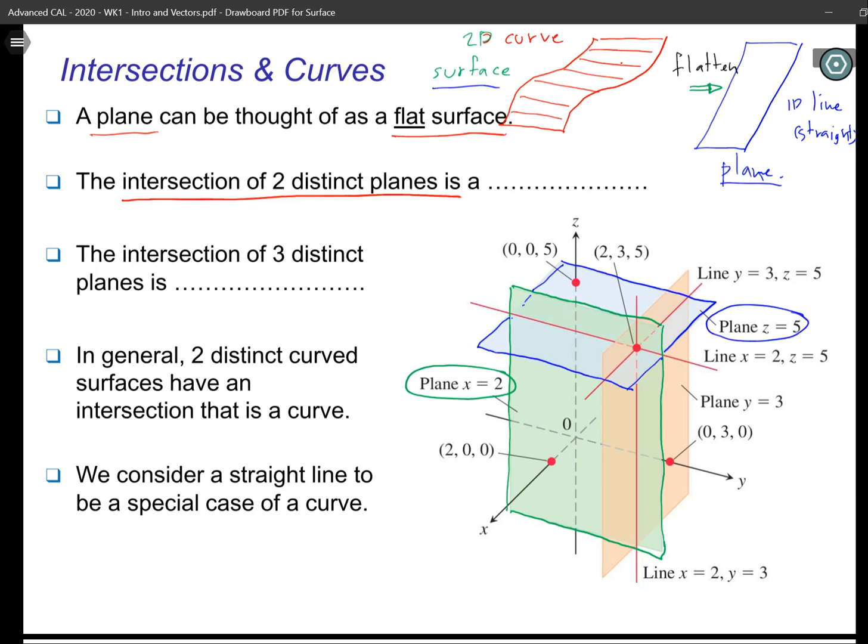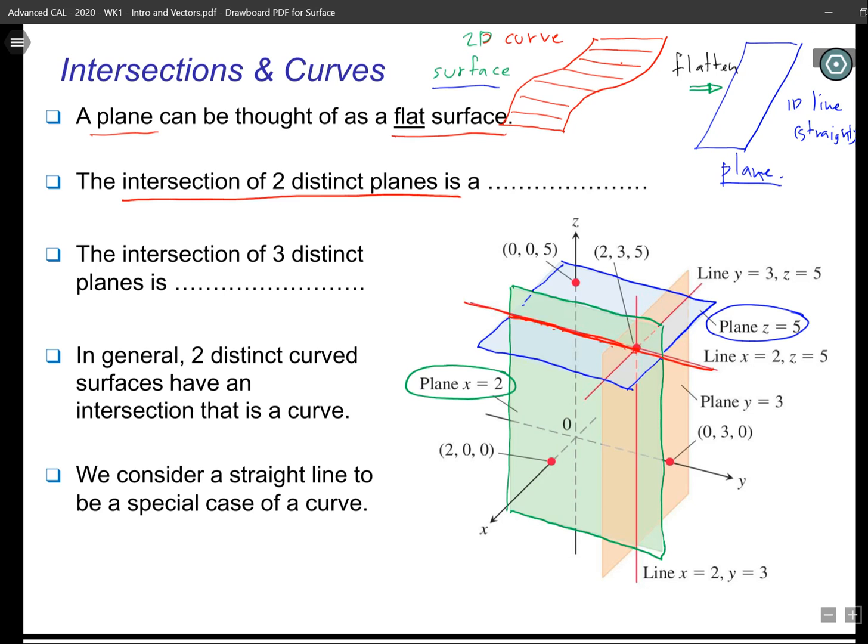So when we have two planes like this intersect each other, we have to find out about the points that are shared on both planes. And you can see when two planes intersect, we get this straight line between them. They are the points that are shared on both planes along this straight line.